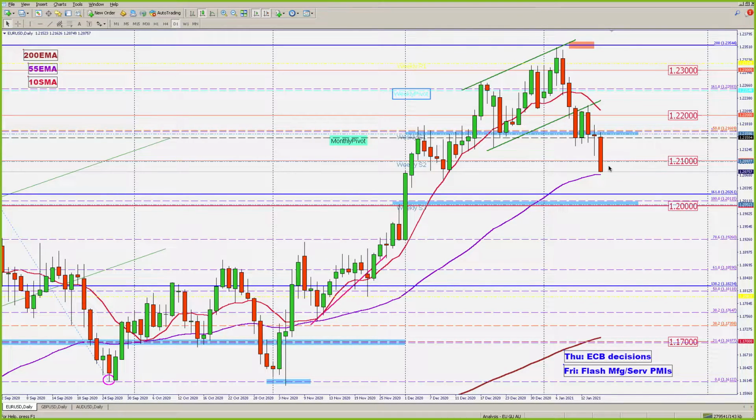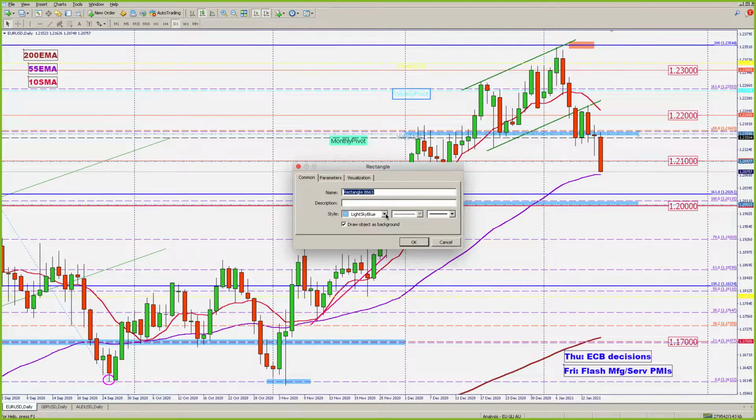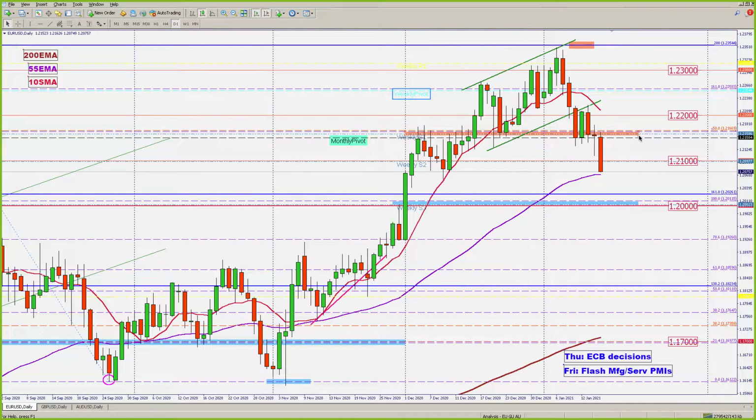And we'll see if this really breaks down further for next week as well. And this is now going to be a resistance area where the monthly pivot is as well at 121.50.